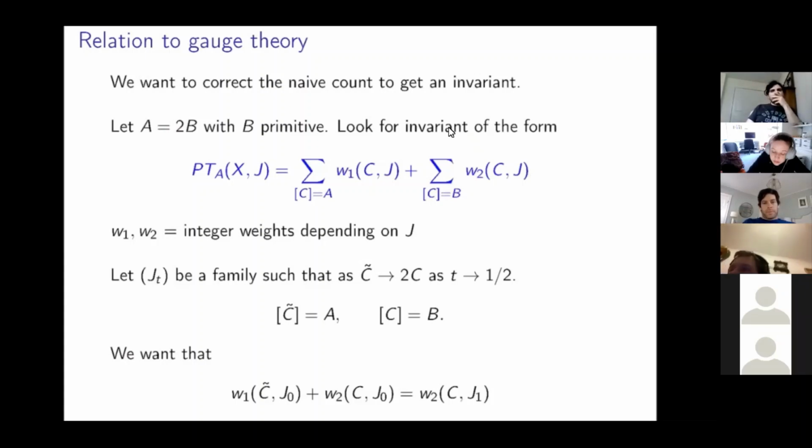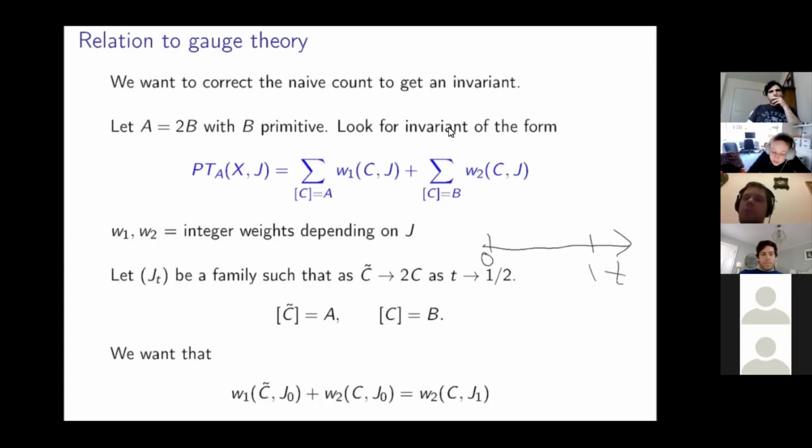So you can ask, how should these weights depend on J? In order for this number to be invariant, you can consider a family of J, where this is the arrow of time, and you deform J from J0 to J1.